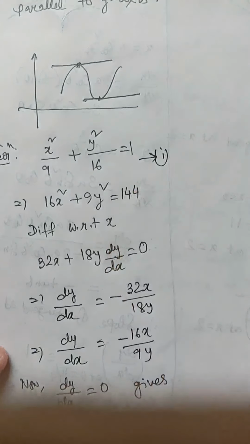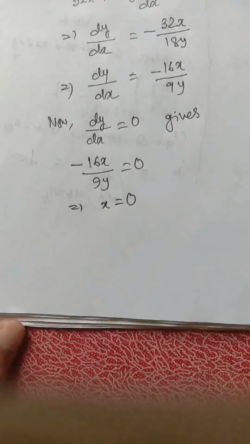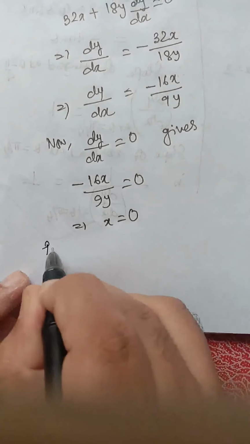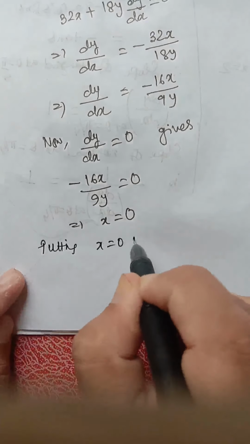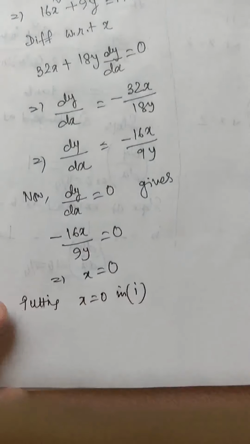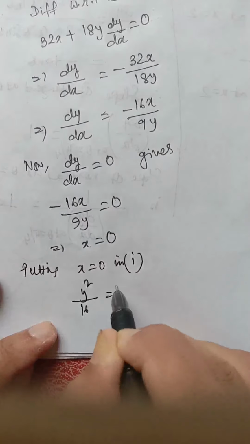Now we have to find the points on the curve, and this is the given curve. So putting x equal to 0 in 1, the given curve, this is the equation 1, we get y square by 16 equal to 1.